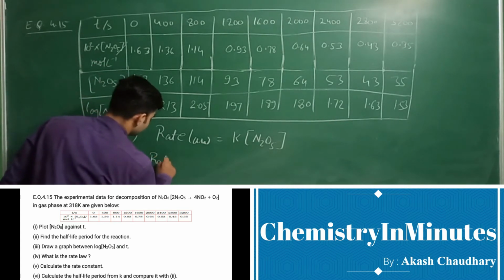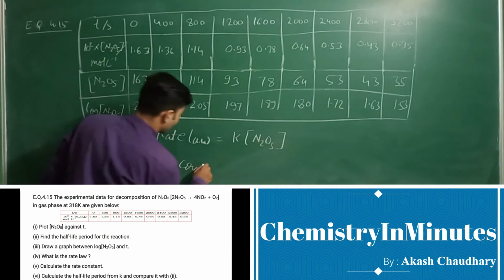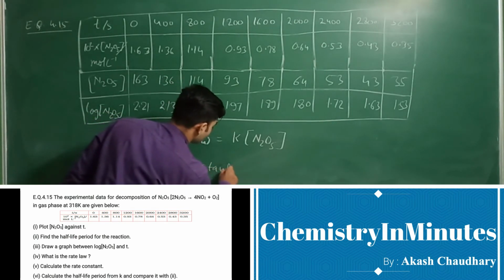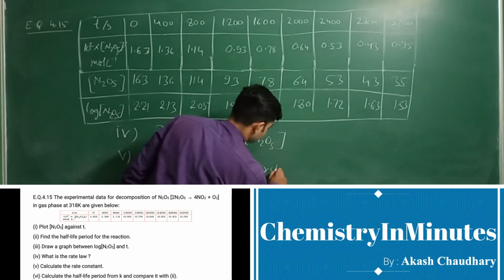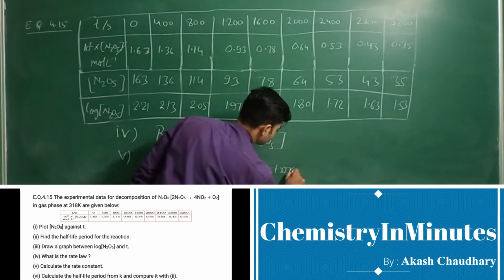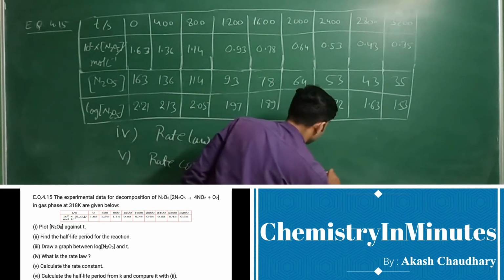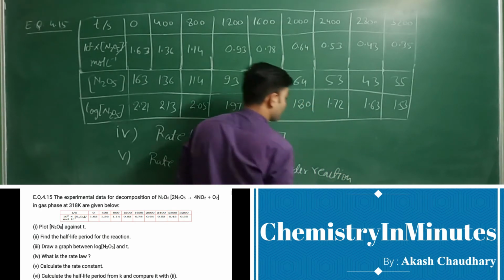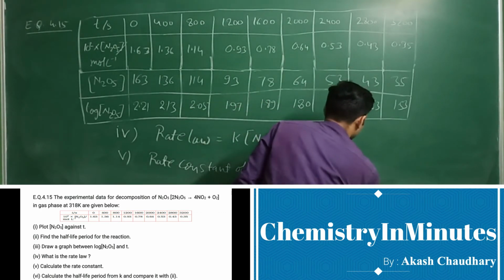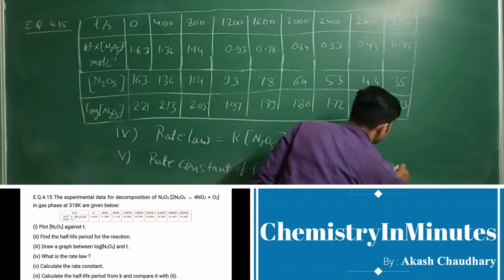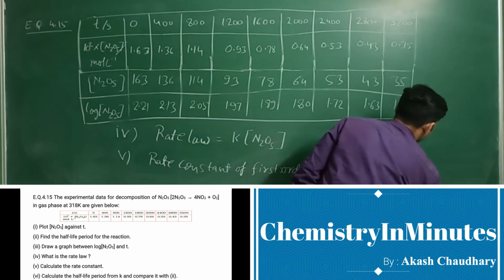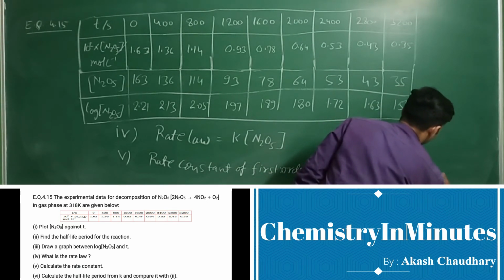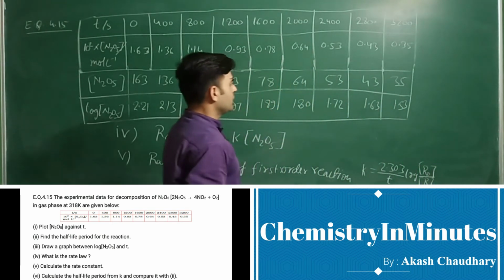The rate constant of a first order reaction: K equal to 2.303 upon T log R naught upon R. R naught is the initial concentration and R is the final concentration.